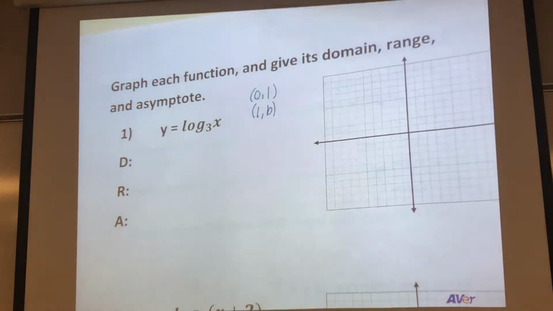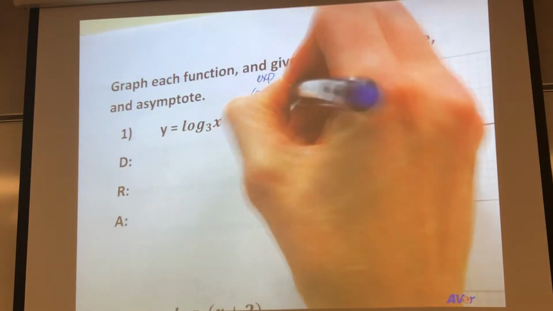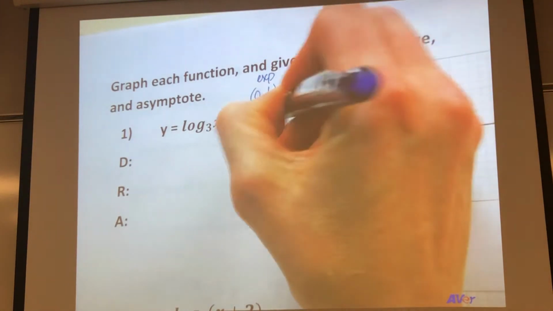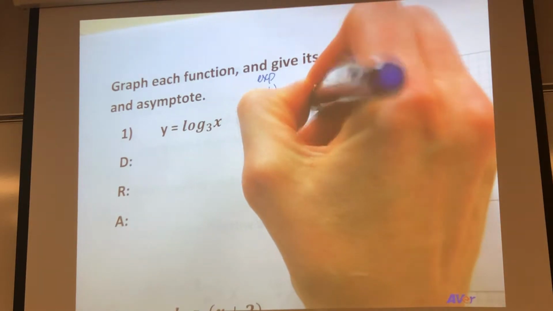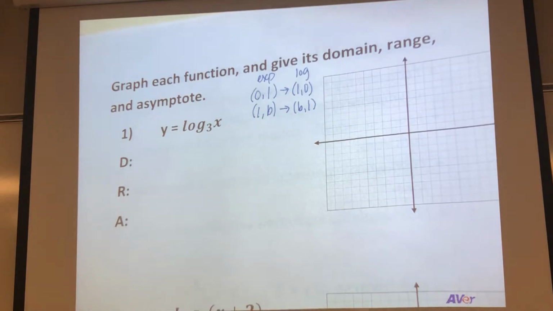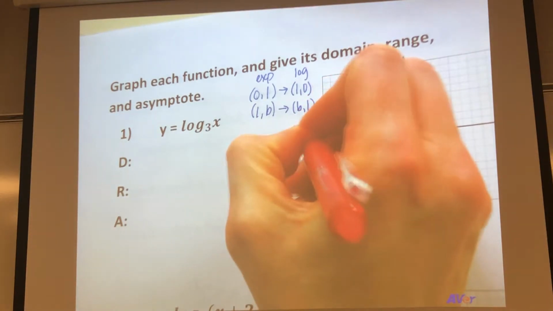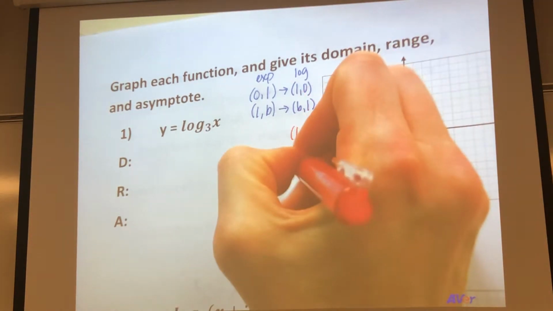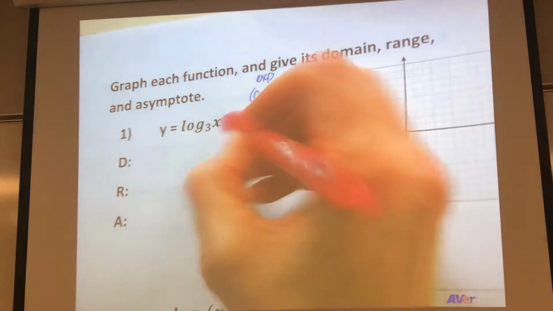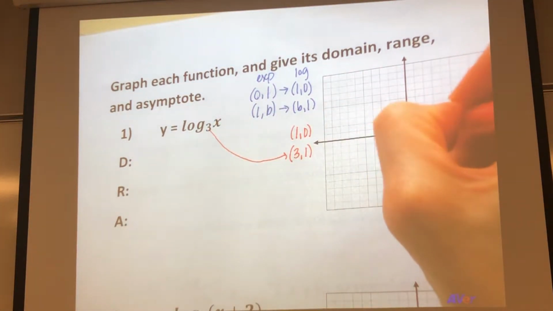But since we're doing their inverse now, we're going to do 1, 0, and b, 1, because we're switching the a and the b. So for this particular graph, since it's a log, it's going to go through 1, 0, and 3, 1, because our base is 3. So 1, 0, 3, 1.